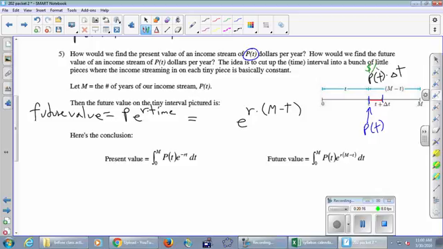This was dollars per year, and delta t is time, so it's in years. And the years cancel, and we're just left with dollars that came in that little period of time. Okay, so then all of that goes right over here. P of t delta t. So the principal became this stuff right here.